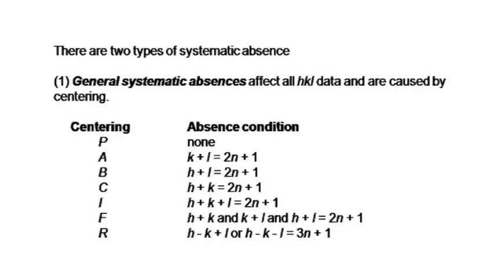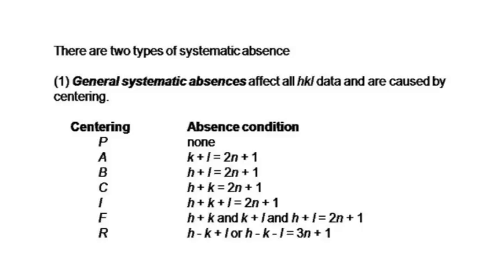For example, in the case of body centering that we've just looked at, the condition for absence is H plus K plus L is equal to 2n plus 1. What does this mean, 2n plus 1? It means if H plus K plus L is an odd number, it's not there.